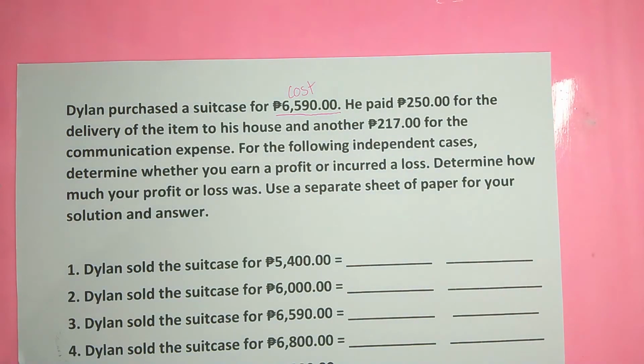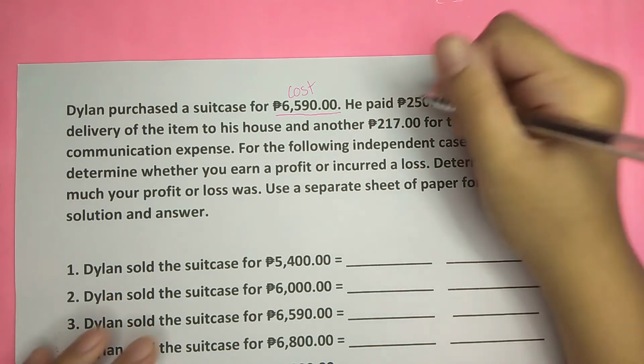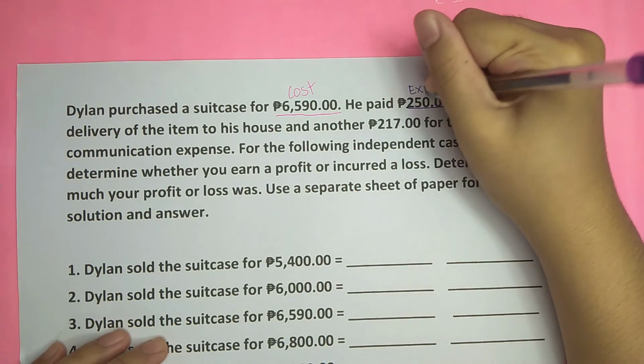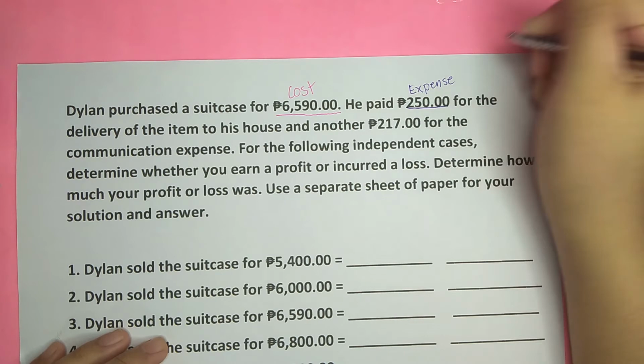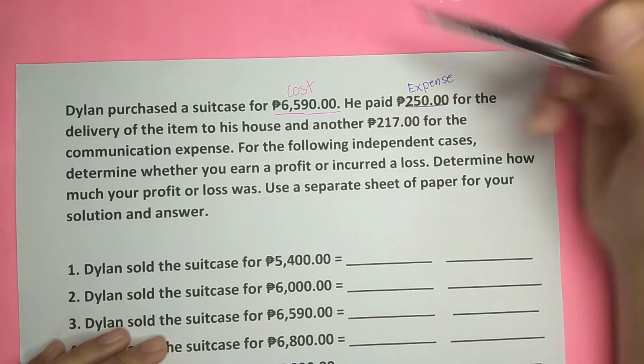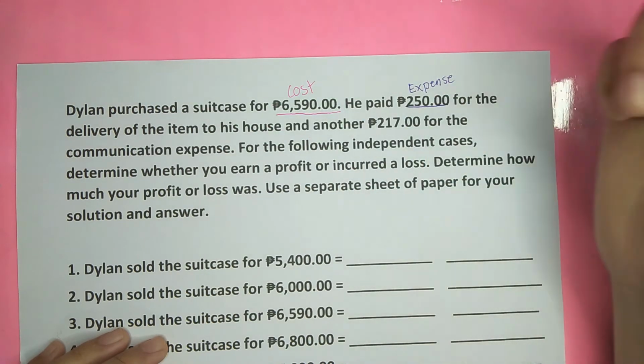And then, he paid 250 pesos for the delivery of the item. So, nagbayad pa siya ng 250 pesos para sa delivery. So, itong 250 pesos, expense yan. Kasi gastos niya, ginastos niya. Tapos, nagbayad ulit siya ng 217 pesos para sa communication expense.